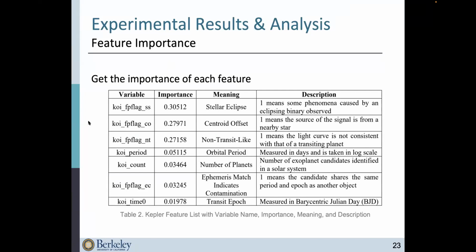We also have some continuous variables, for example, KOI period, which describes the orbital period measured in days, taken in the log scale. We also have the transit epoch, especially in BJD, and some other features with importance.